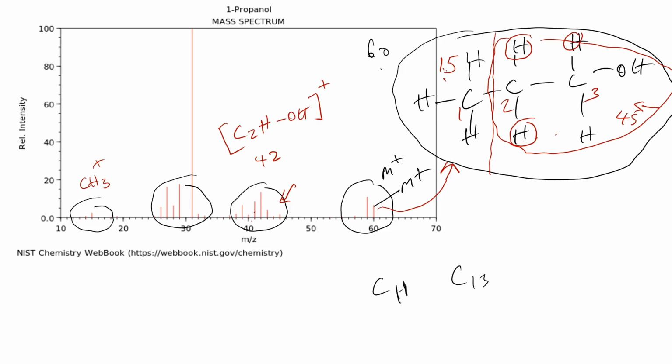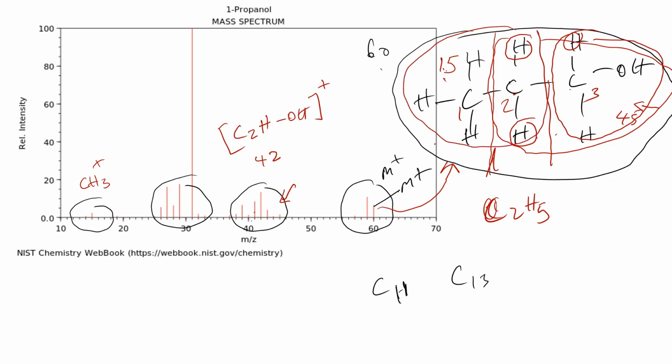All right. Now, what if we break the bond between carbon 2 and 3? We are going to have an ethyl carbocation, which is C2H5, and then we're going to have this CH2OH carbocation.